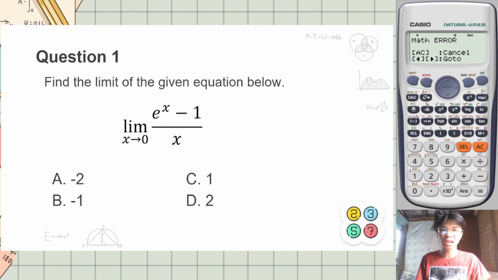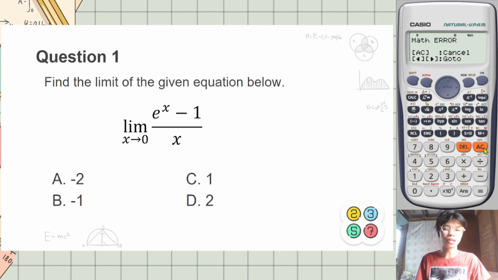Why? Because a function over 0 is undefined, as you know from the concept of mathematics. A number divided by 0 is undefined, or an equation that is divided by 0 is undefined.